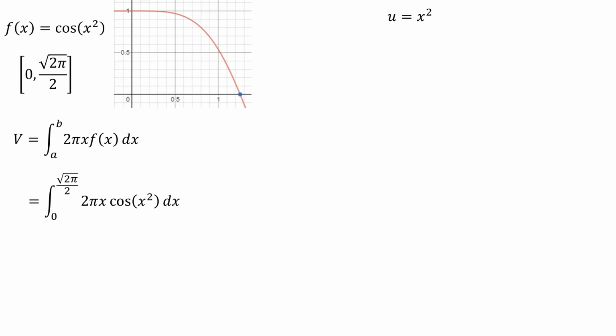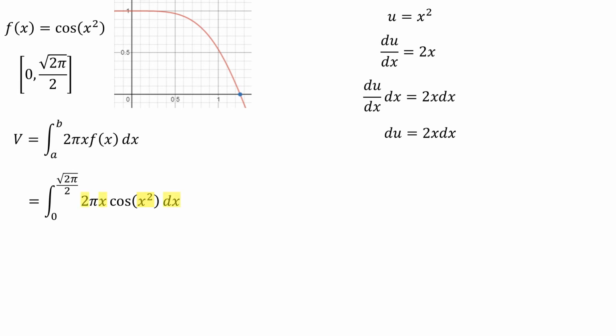I'm going to have u equal x squared. So when I take the derivative of u with respect to x, I end up with du dx equals 2x. Right? And of course, if I multiply both sides by dx, I get du equals 2x dx.